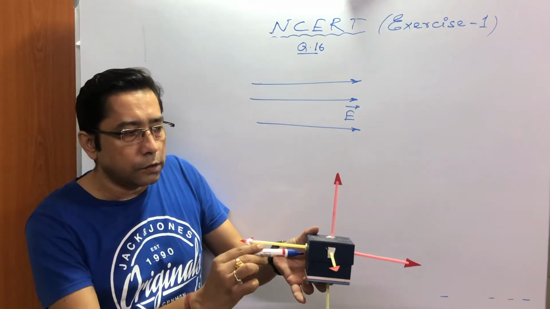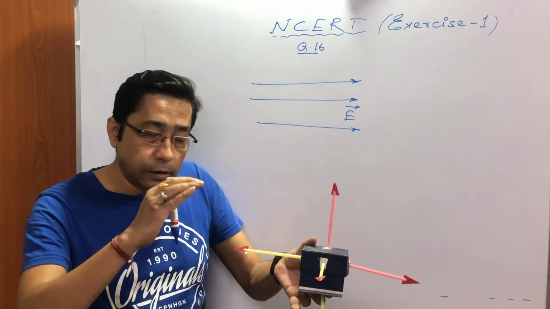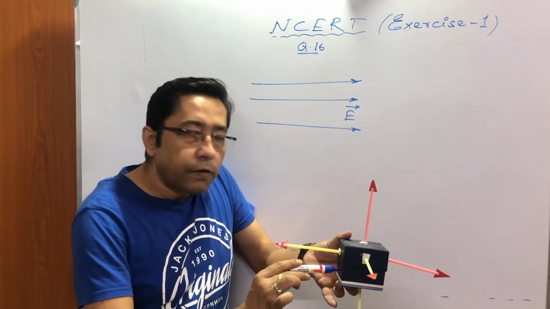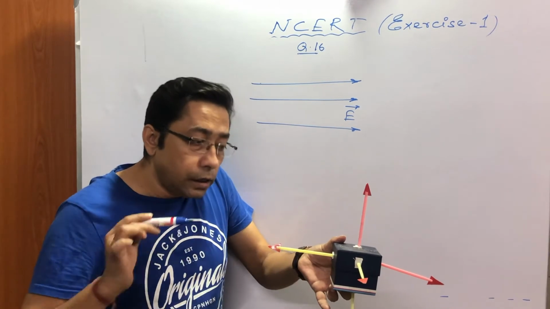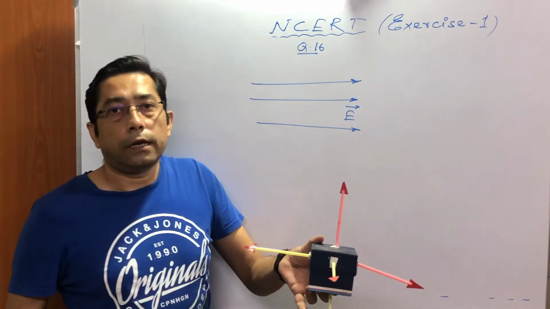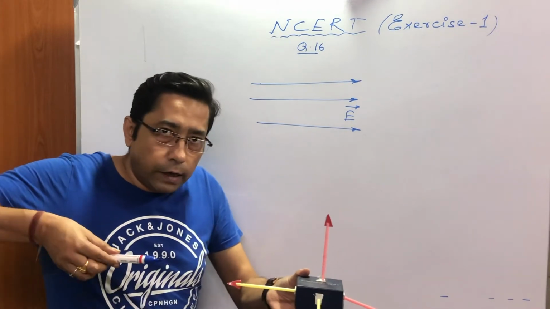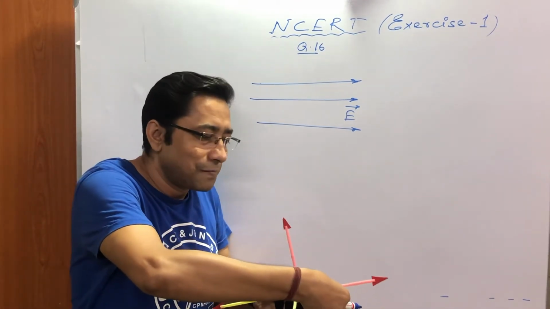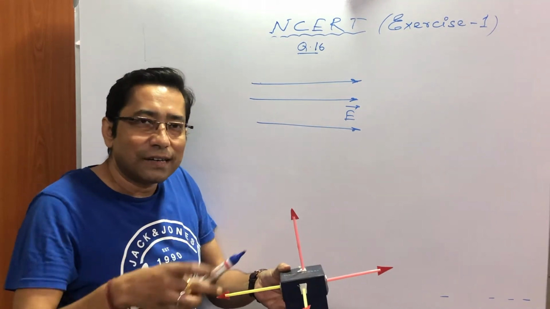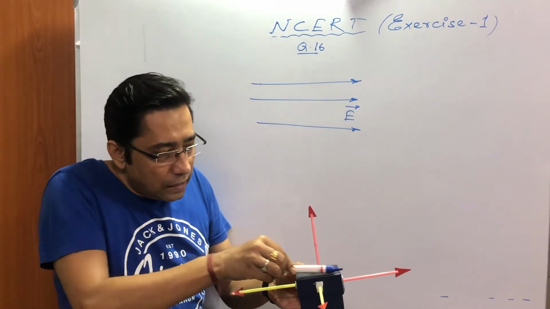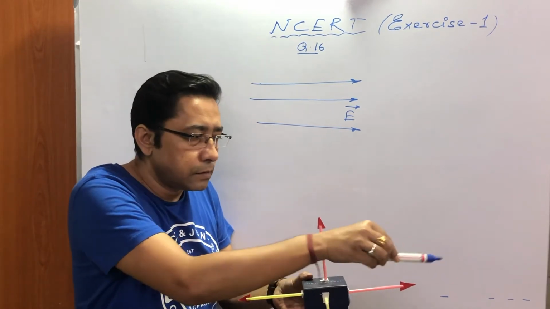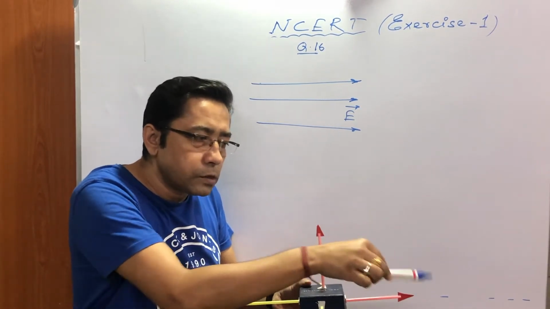So E dS cos theta will become negative. We discussed it earlier also. Incoming flux is negative. But if the electric field continues like this, consider this direction: the electric field is along the positive x-axis, and the area vector is also along the positive x-axis.